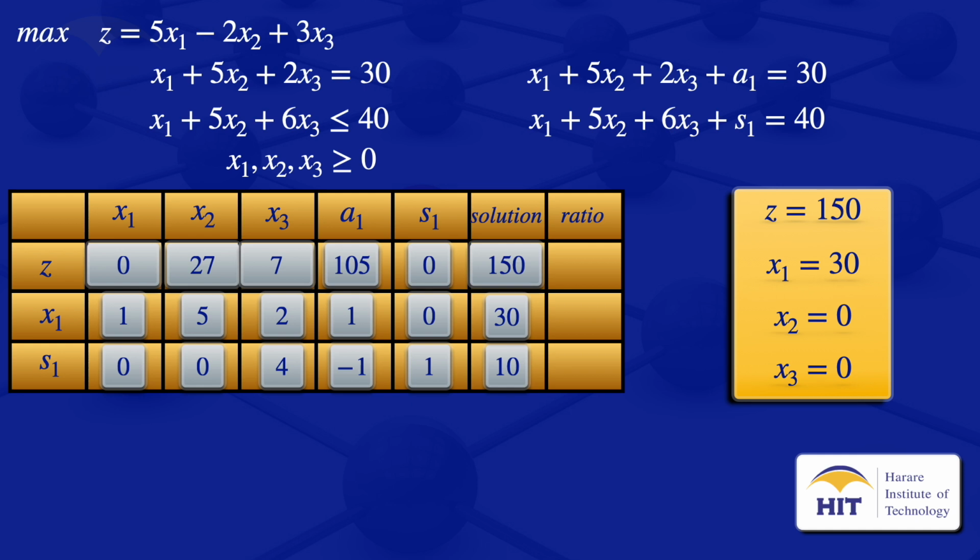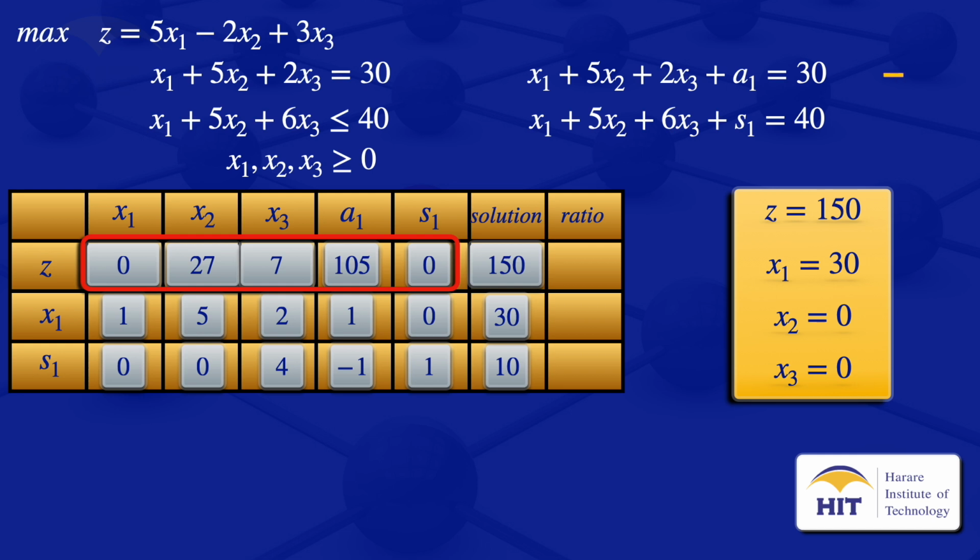To find those shadow prices and reduced costs, we have to look at the coefficients of the objective function, the ones that I've highlighted there. The shadow price for a particular constraint is the coefficient of the appropriate slack or artificial variable in the objective function of the final tableau.